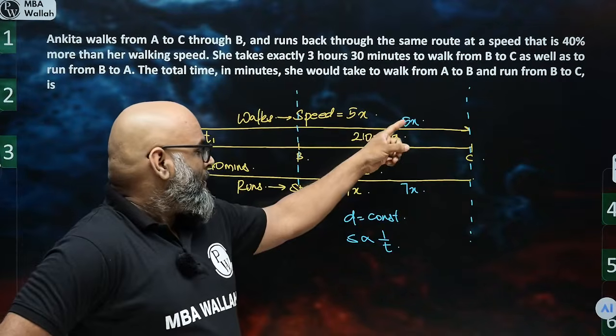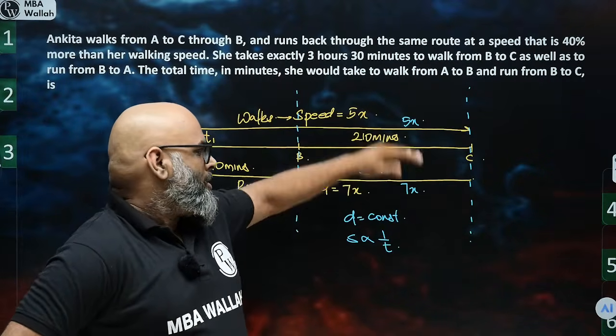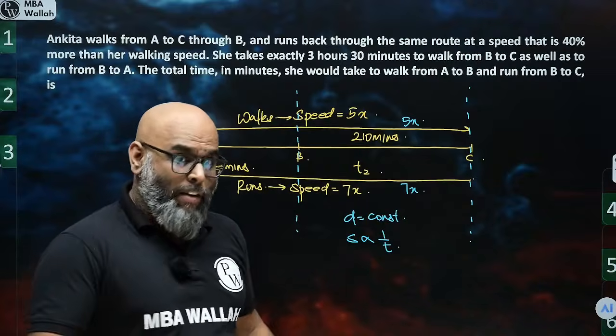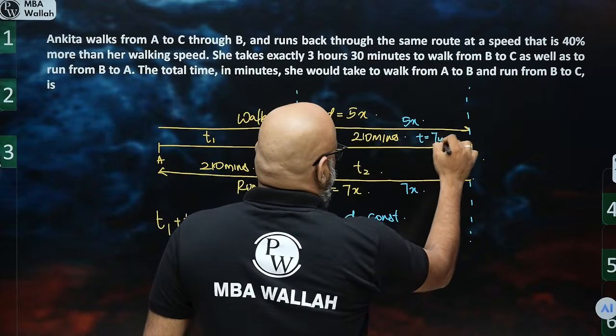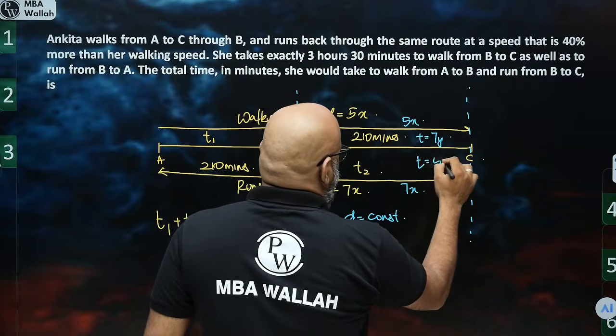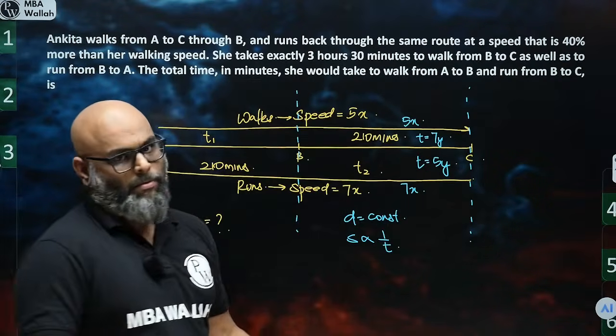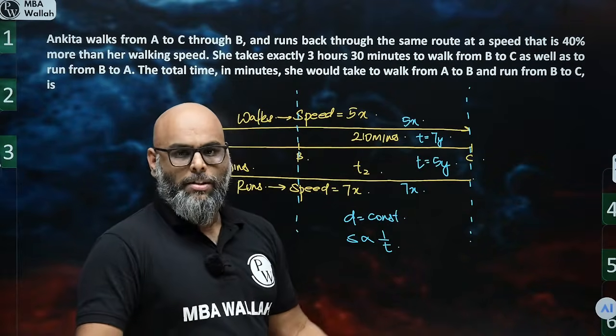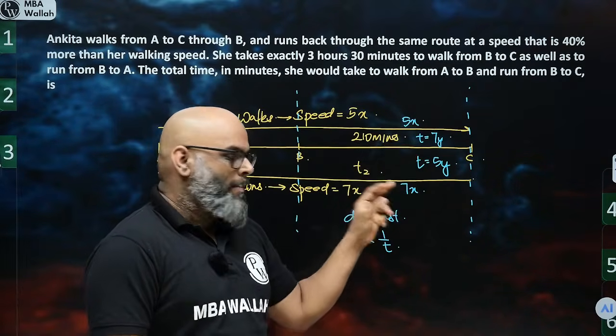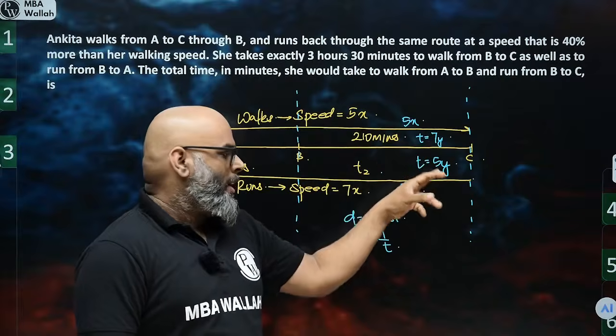So if this is 5x and 7x, a 5:7 ratio, I can very well say the time here will be 7y, and here the time will be 5y, right? Yes. Speed and time ratio are inversely proportional. So here it is 5x and 7x, so the time will be 7y to 5y.